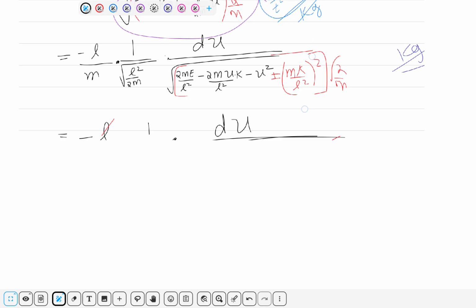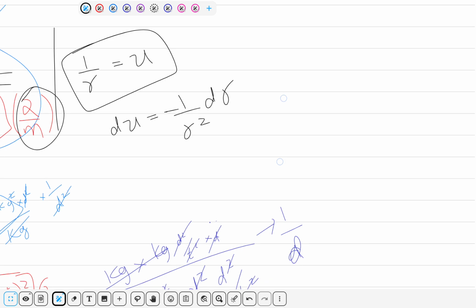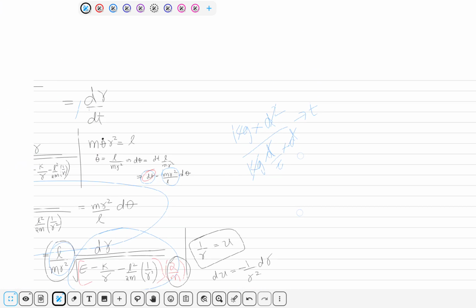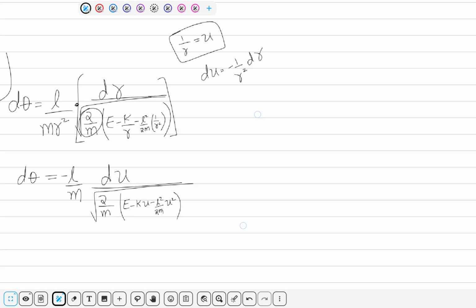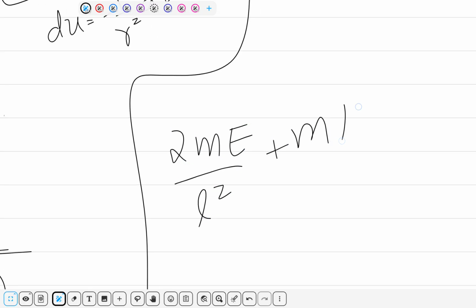Then my old self did some completing the square, and 2 m e by L square plus m k by L square, whole square.